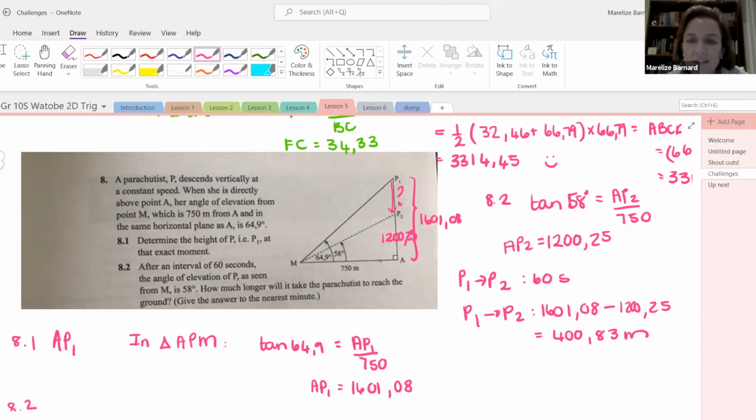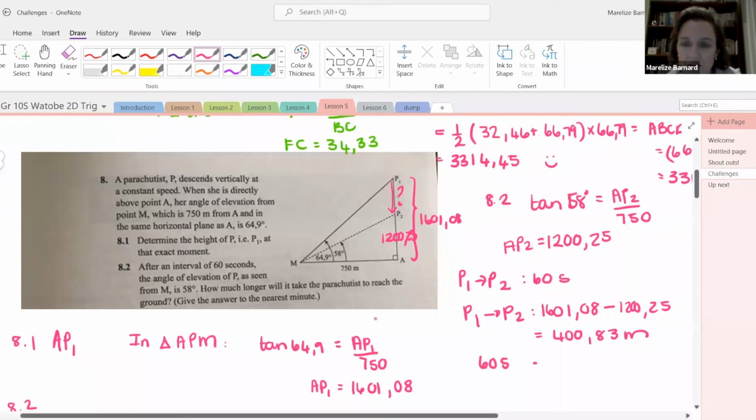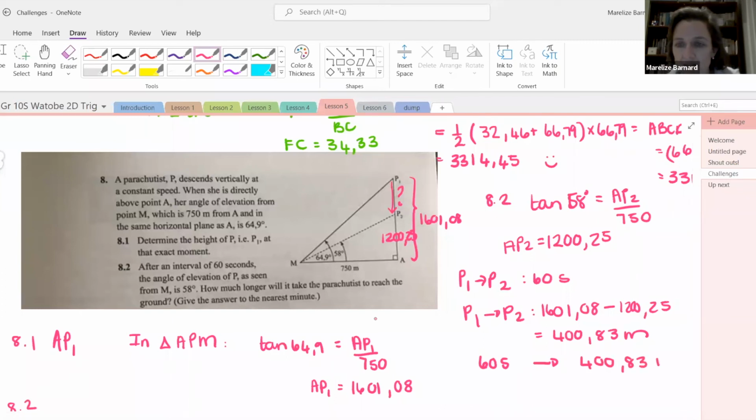So how long will it take her to drop the 1,200.25 meters? So it's basically we're saying it takes 60 seconds for her to travel 400.83 meters. She's traveling at a constant speed. So how long will it take her to travel the remaining distance of 1,200.25?